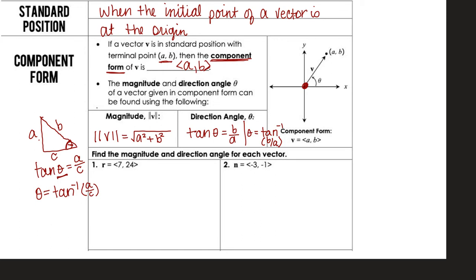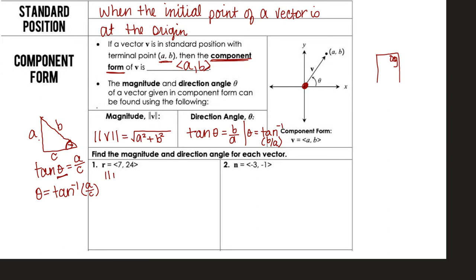All right. So you definitely need your calculators because we're going to be doing inverse tan. Now in your calculators, you need to make sure up in the top right hand corner it says DEG. And we're going to take a moment. So the first thing we're going to do on number 1 is find the magnitude.